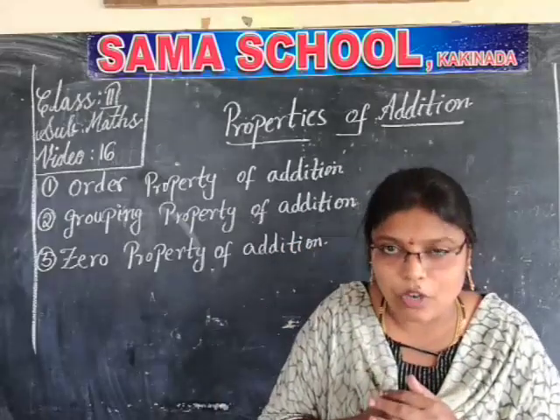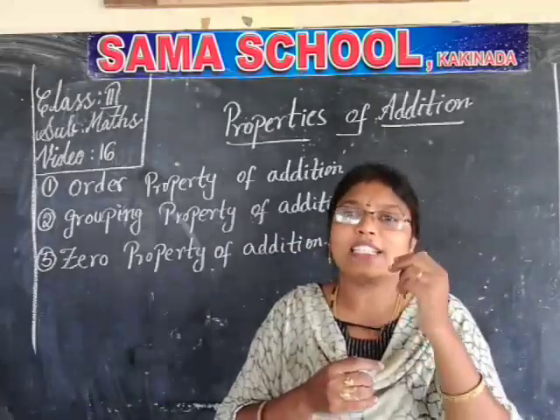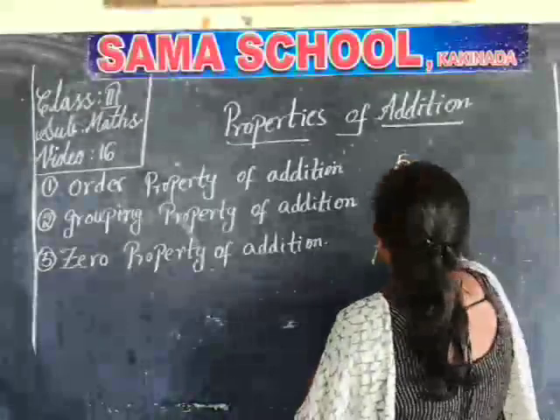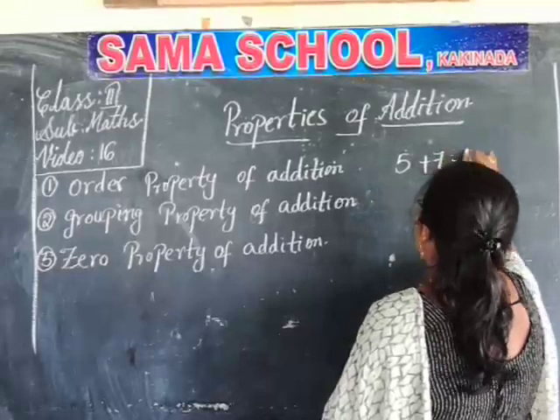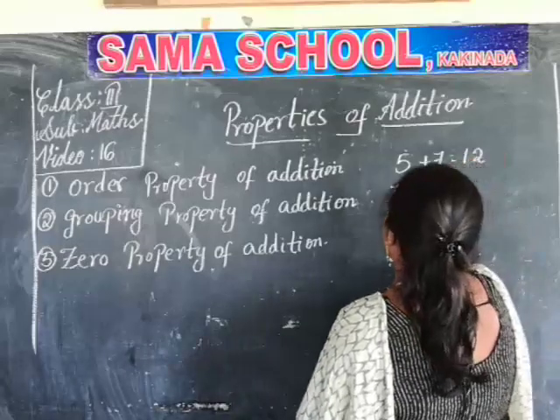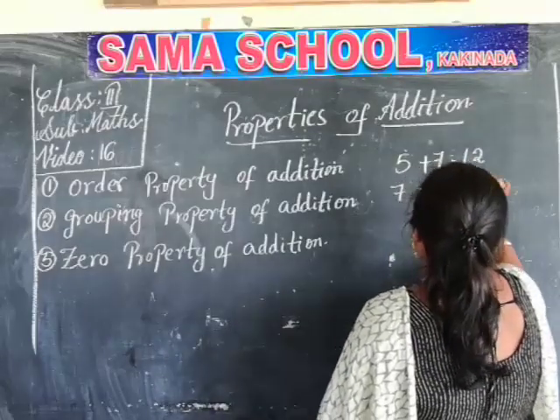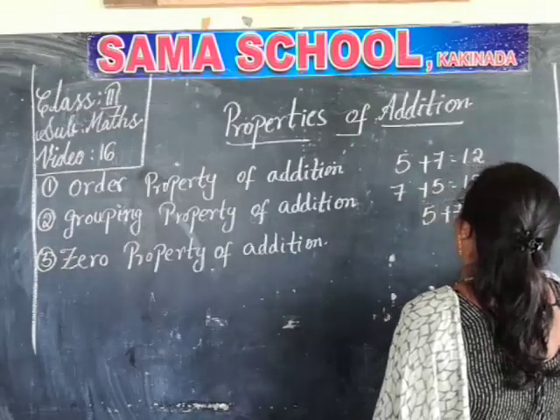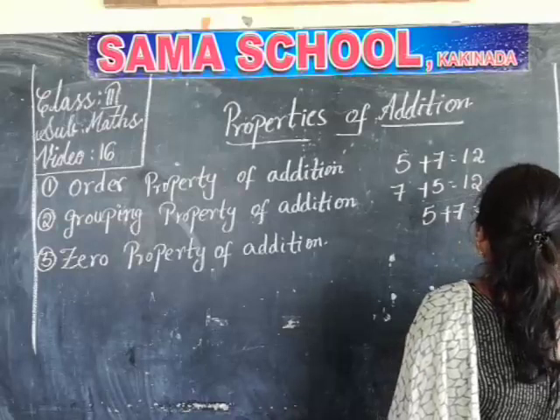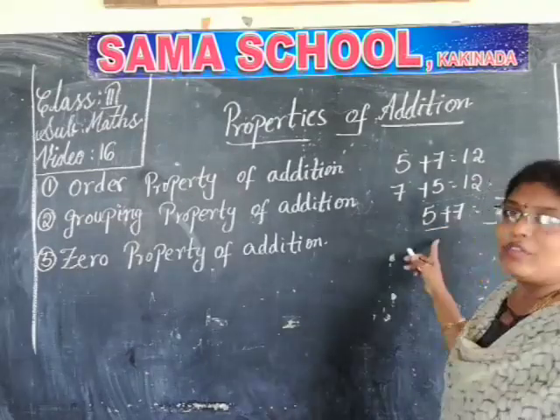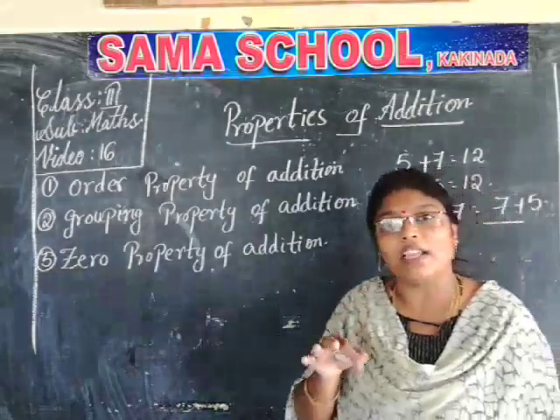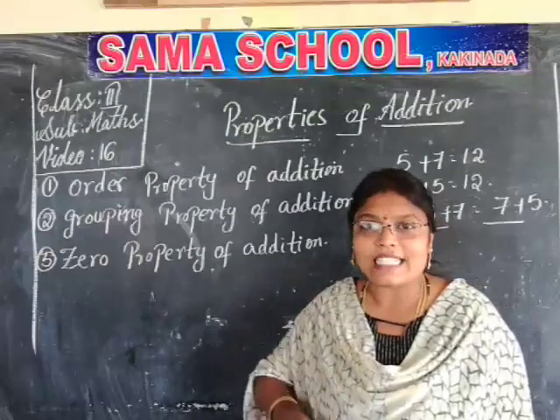That is, 5 plus 7 is 12 and 7 plus 5 is also 12. That means 5 plus 7 is equal to 7 plus 5.